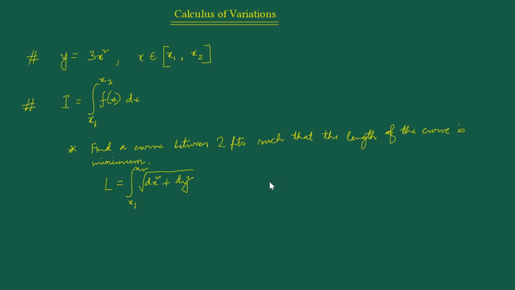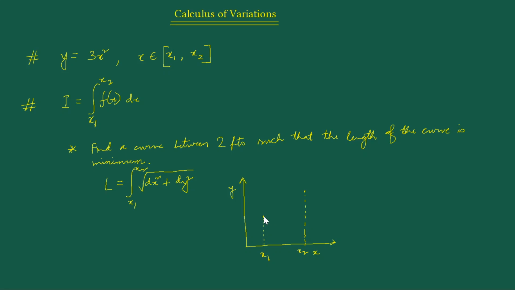Okay, so you think of it like this, that suppose this is our x and this is our y, and we have this one, this is our x1, and let's say this is somewhere, this is x2.